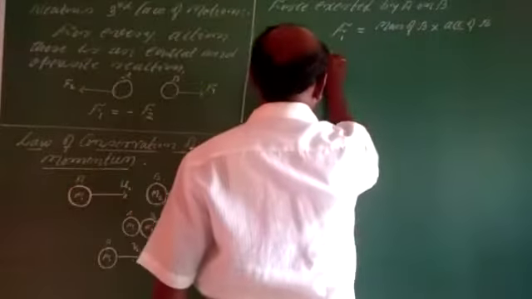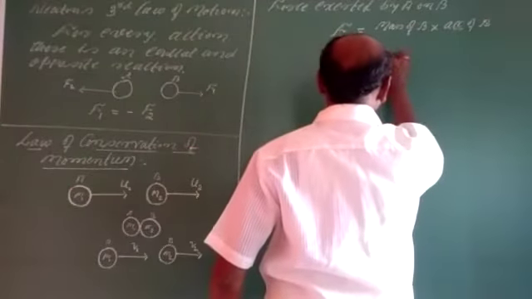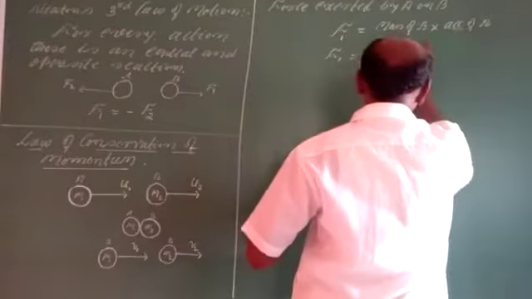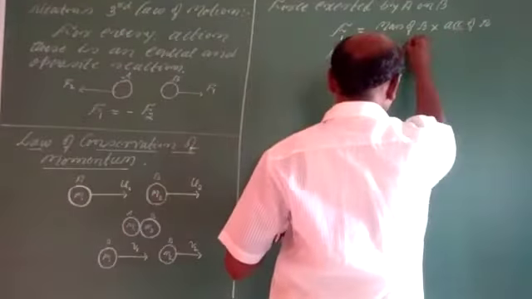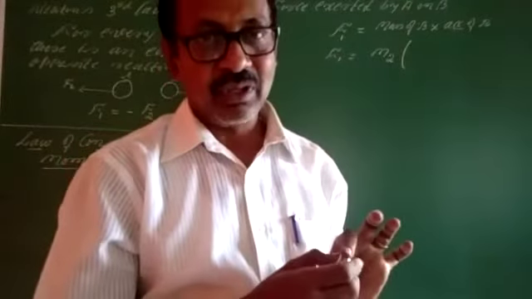Now what we will get? F1 is equal to the mass of body B, which is M2, into the acceleration of the body. Acceleration is the rate of change of the velocity of that body.